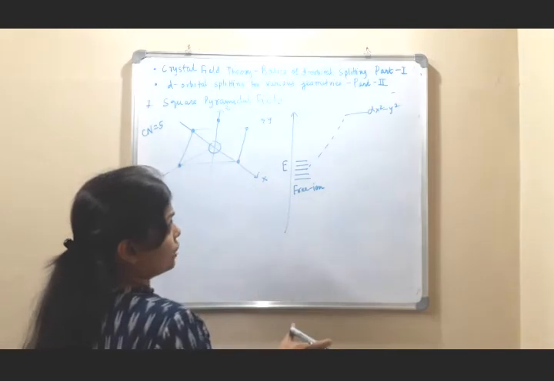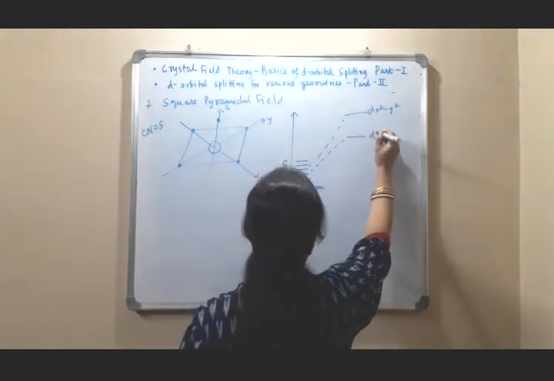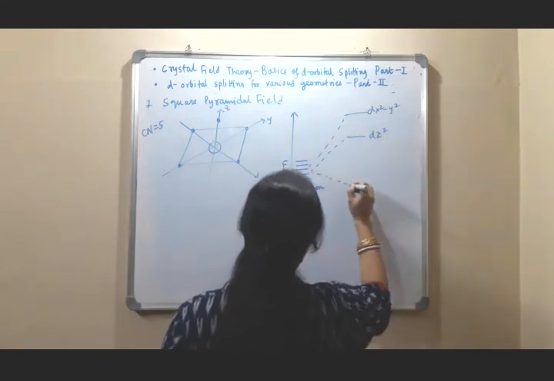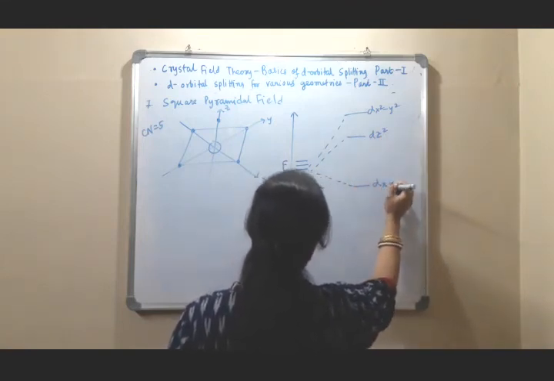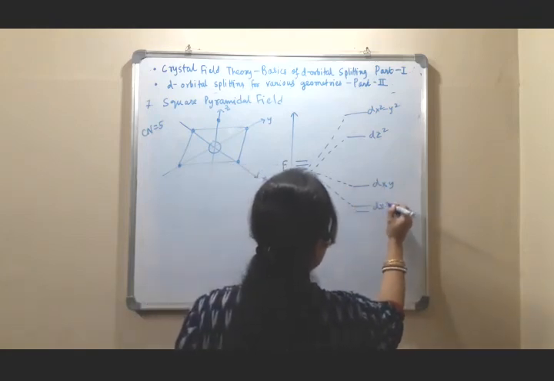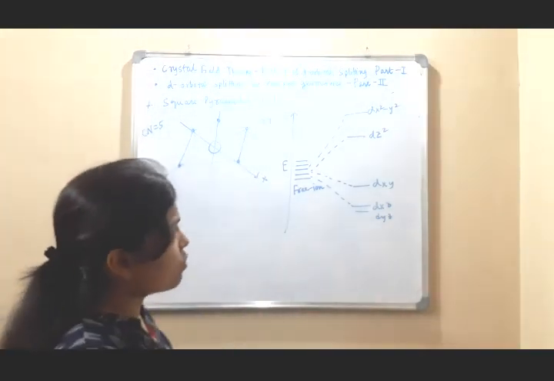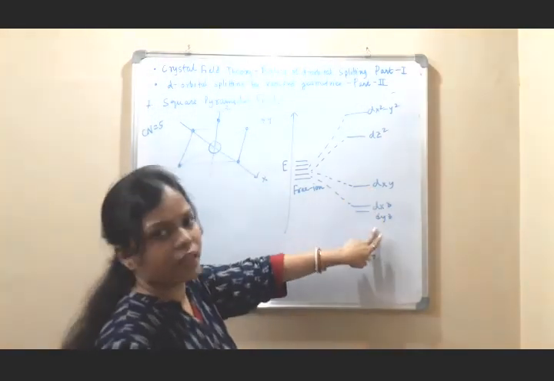But in addition to that, dz square will also be energized. Okay? And dxy will be stabilized, but it will be more repelled than dxz and dyz. Okay? So the energy of dxy will be greater than these two orbitals.